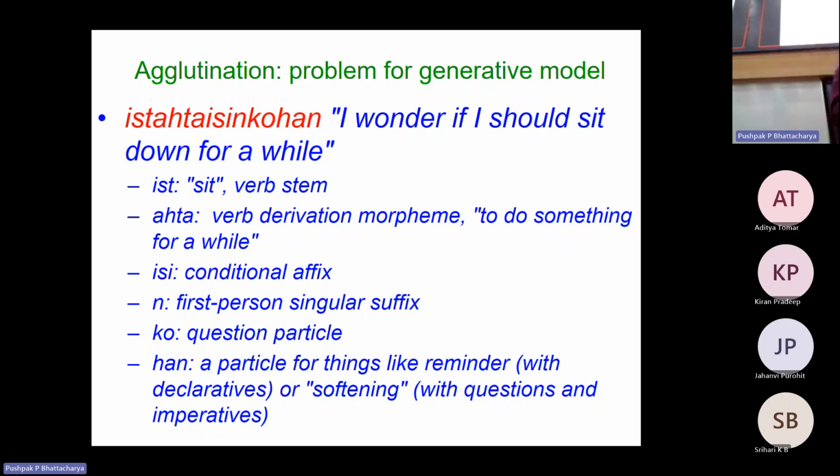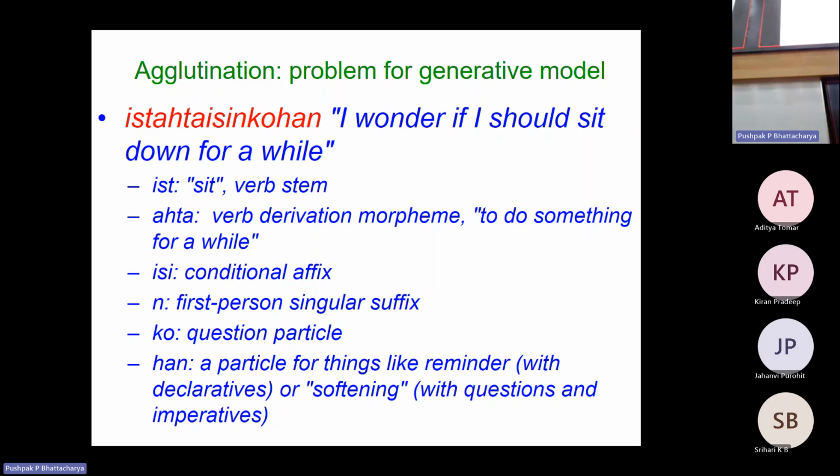And in this whole string, the main entity is ist, which is the verb sit. This is the stem. And then ahta is the verb derivation morpheme, to do something for a while. So ahta is the indicator of doing something for a while.